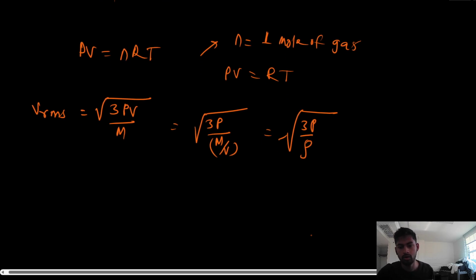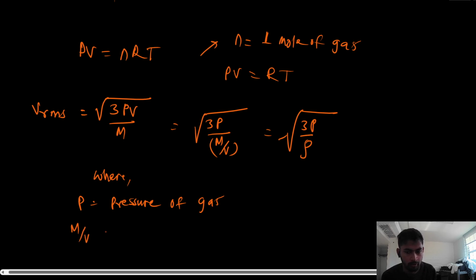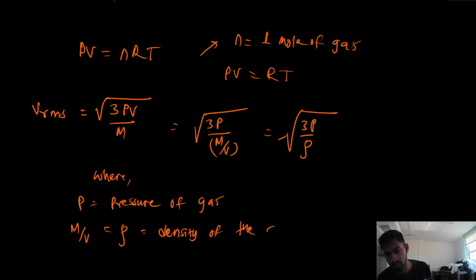rho, where P would be the pressure of the gas, and M by V is equal to rho, the density of the gas, right?